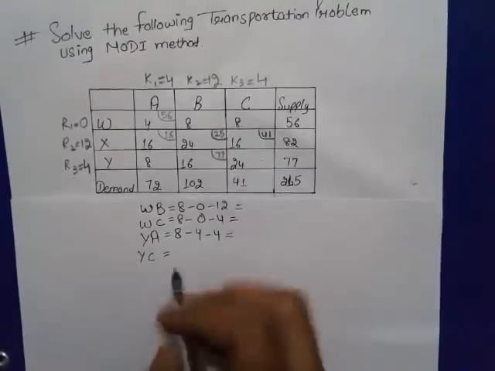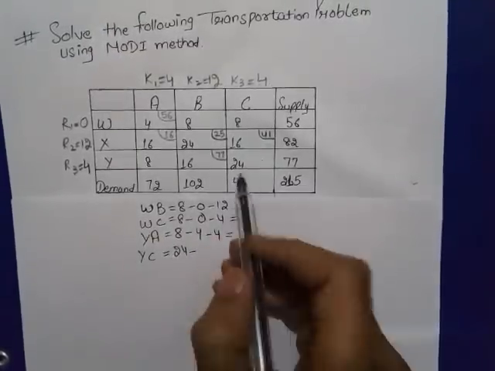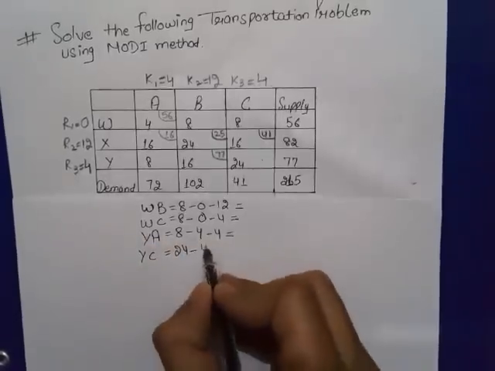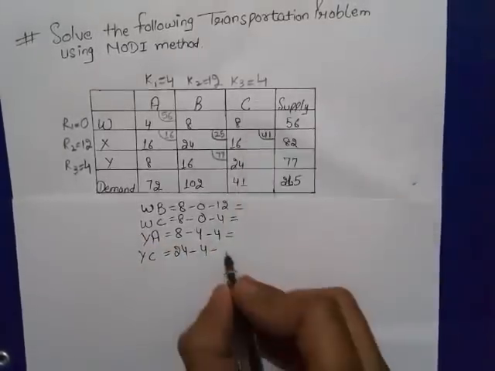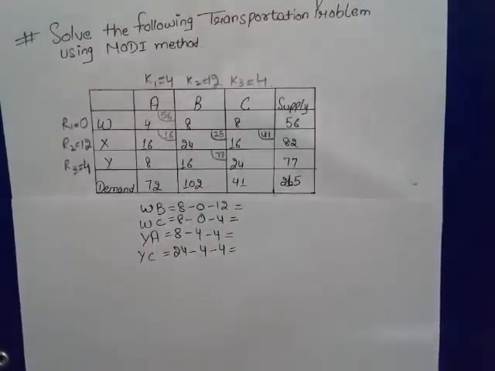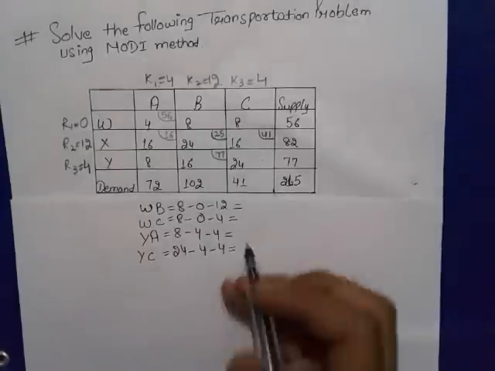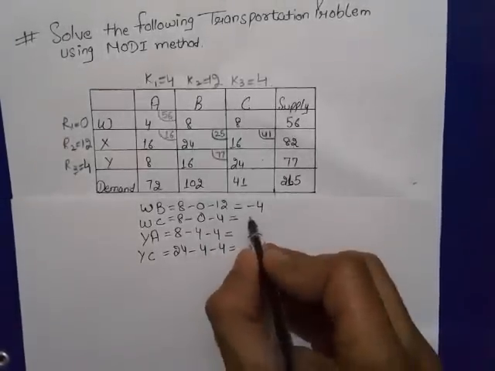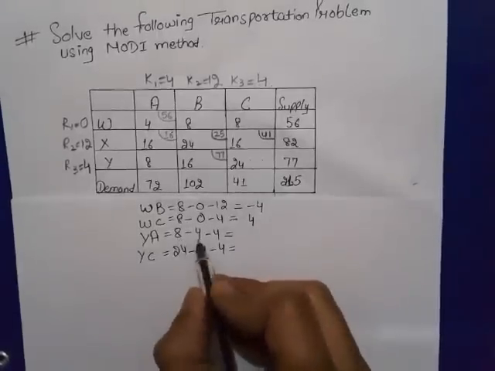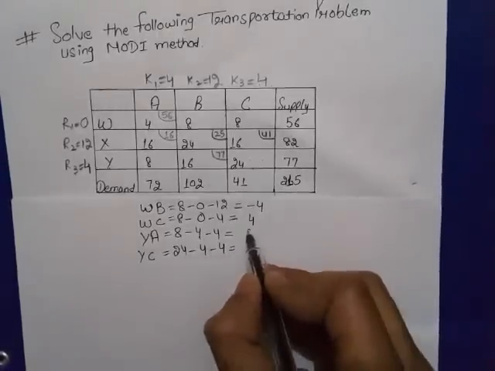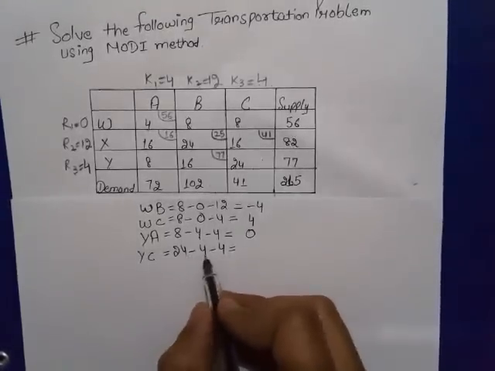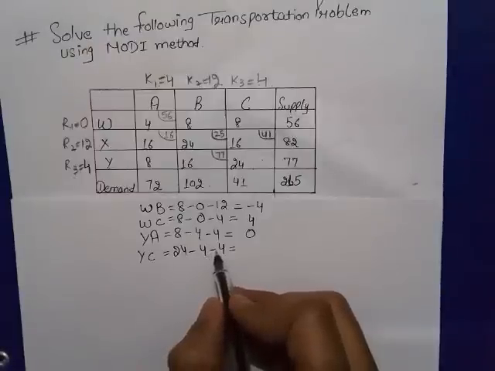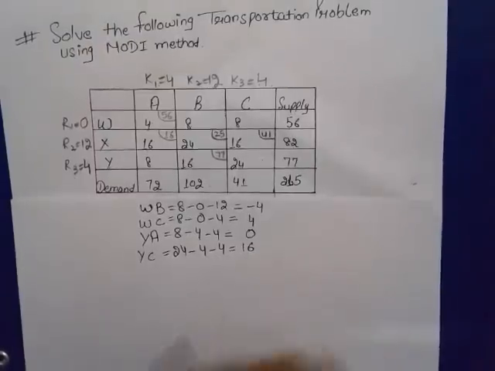YC is 24 minus 4 minus 4. Now again calculate the values. 8 minus 12 minus 4, 8 minus 4 minus 4 is 0, 24 minus 4 is 20, 20 minus 4 is 16.